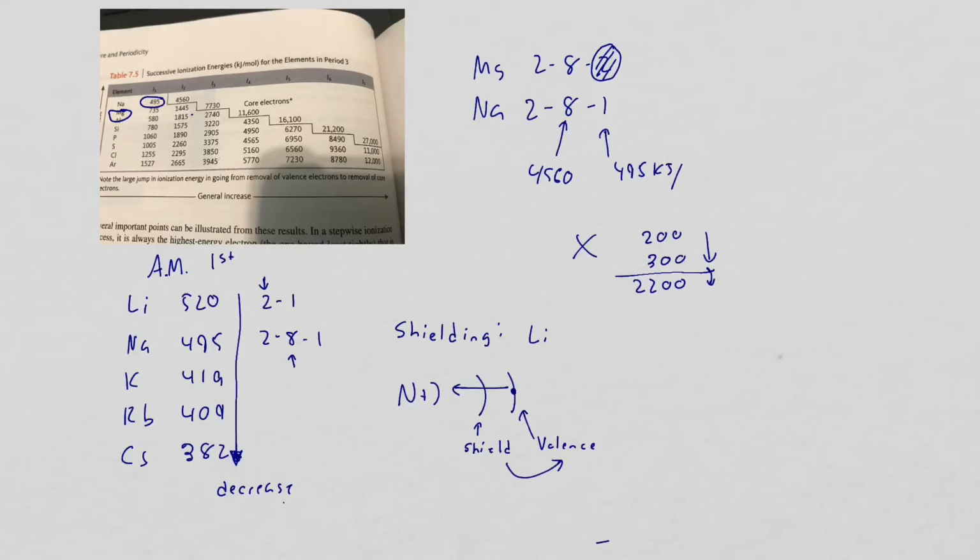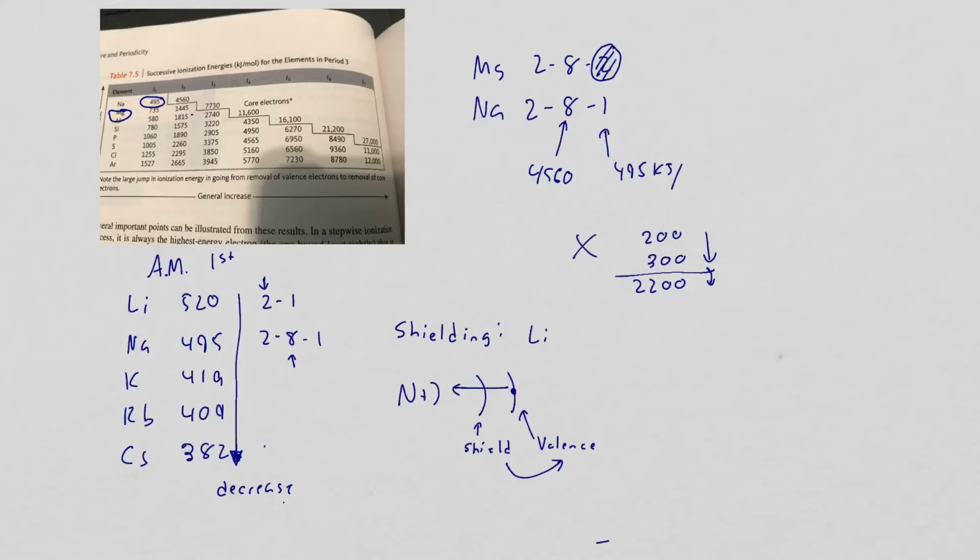Well, as you go down a column, you have more and more shielding. Now, nuclear charge is increasing here, but that's not the important variable here. As you get to larger and larger atoms as you go down a column, and we're going to do a radius video as well, which I'm going to post today, the radius gets larger and larger. And if you think about it, once you get down to cesium, cesium is in row 6.